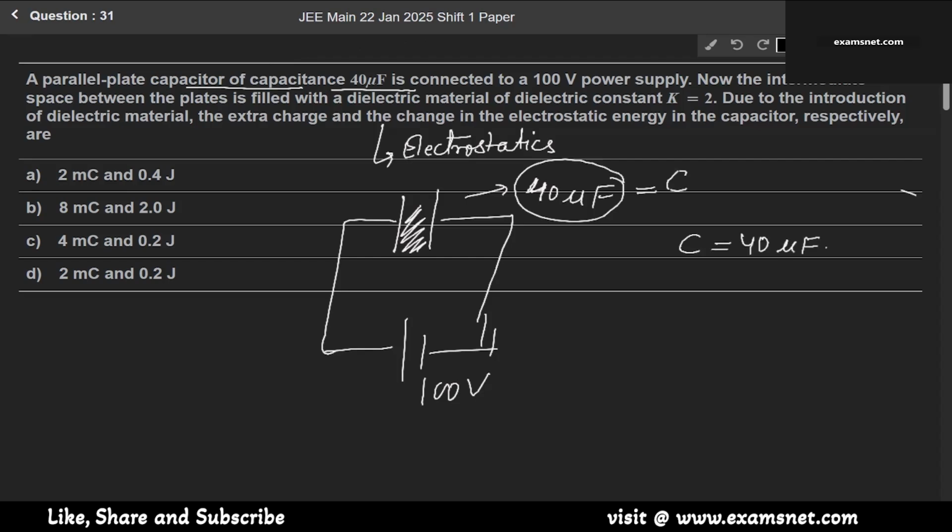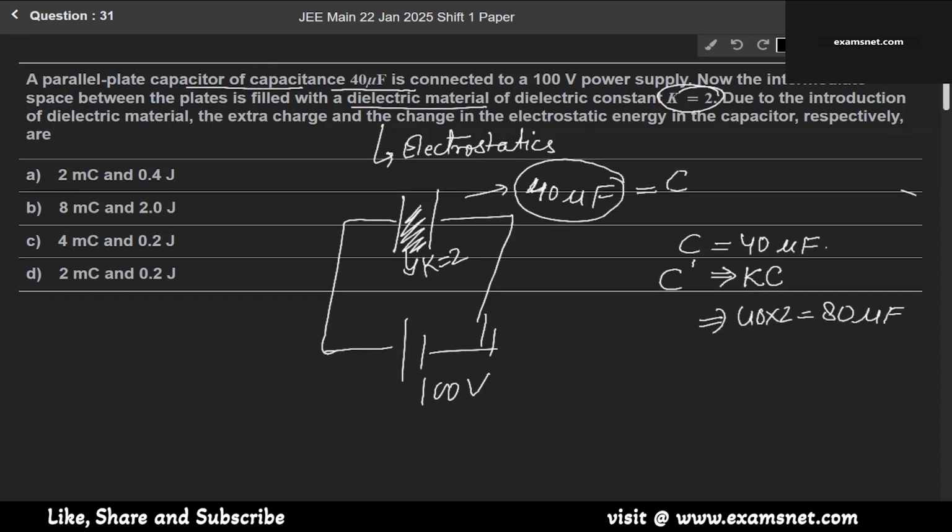Now when the dielectric material with dielectric constant K equals 2 is introduced between the two plates, the new capacitance will be K, the dielectric constant, into the previous capacitance. So it will be 40 into 2, which means 80 microfarad.